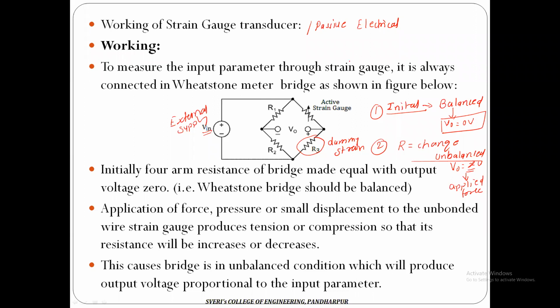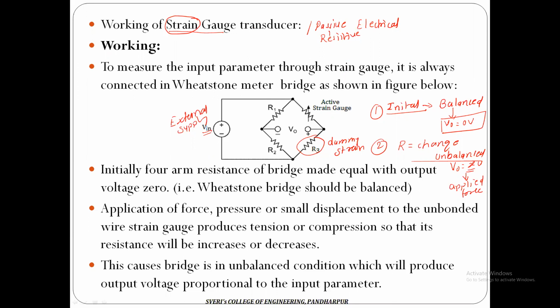So what can you summarize? The strain gauge is called a passive, resistive, electrical type of transducer. And as the name suggests, applied strain, it means this strain gauge is used for the measurement of force, pressure, weight.